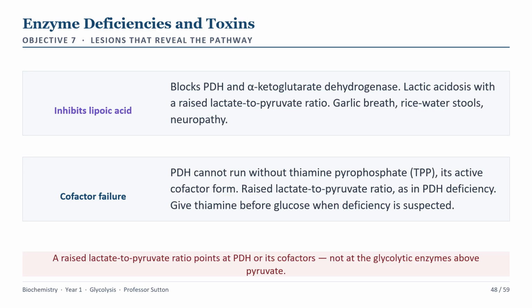The result is lactic acidosis. Clinically, we see garlic breath, rice water stools, vomiting, peripheral neuropathy. I won't be asking you for clinical answers. You must use the clinical information to understand the biochemistry.